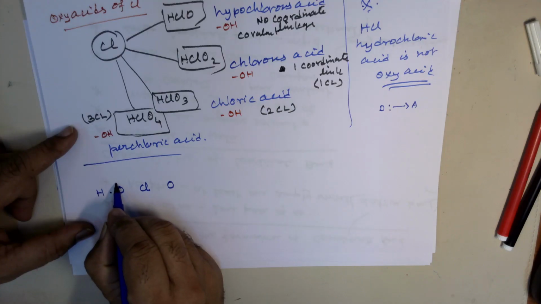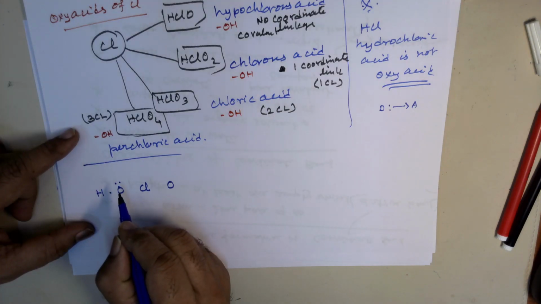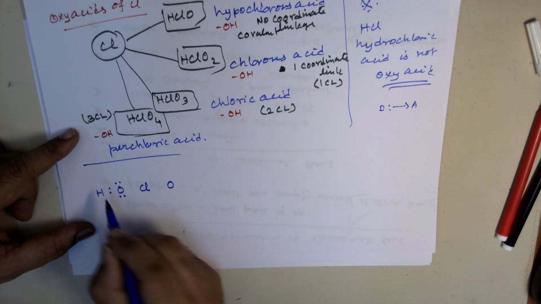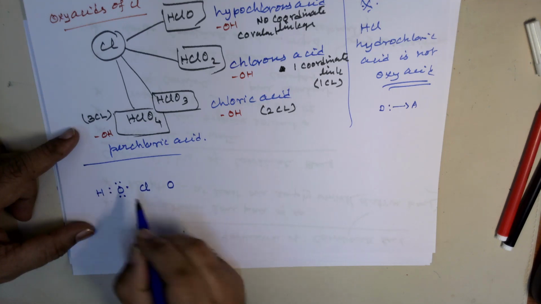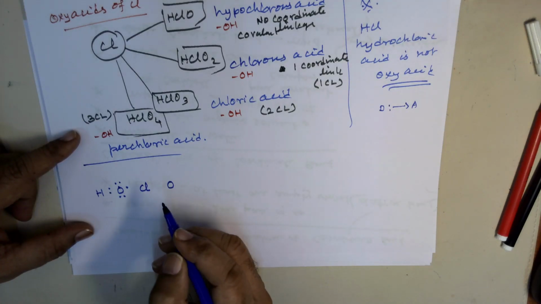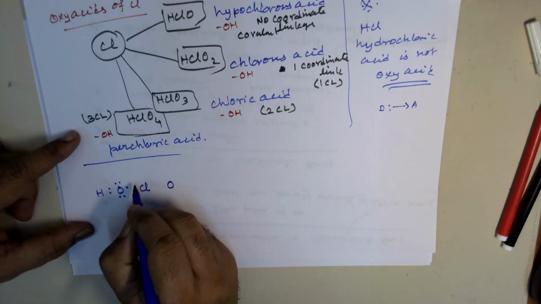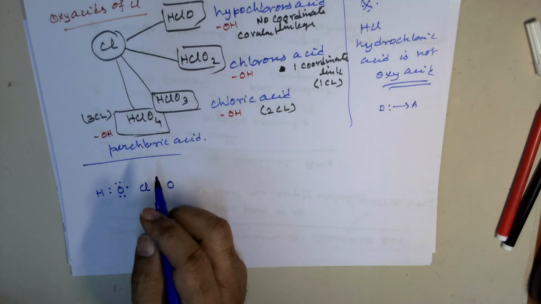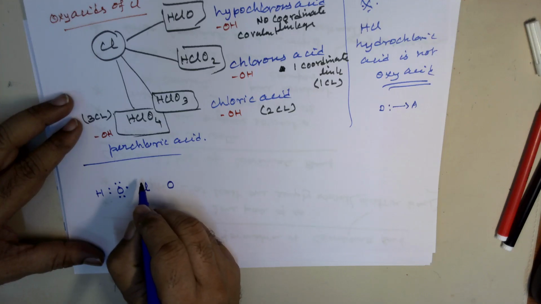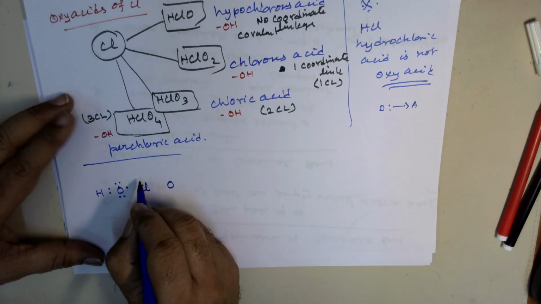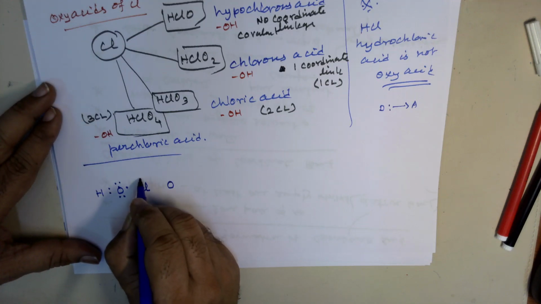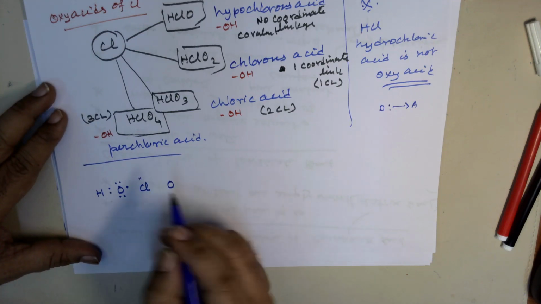Let us count: two, four, five, six. And let me consider the chlorine with the cross mark. So how many chlorine electrons are there? Tell me. Seven. So how many?